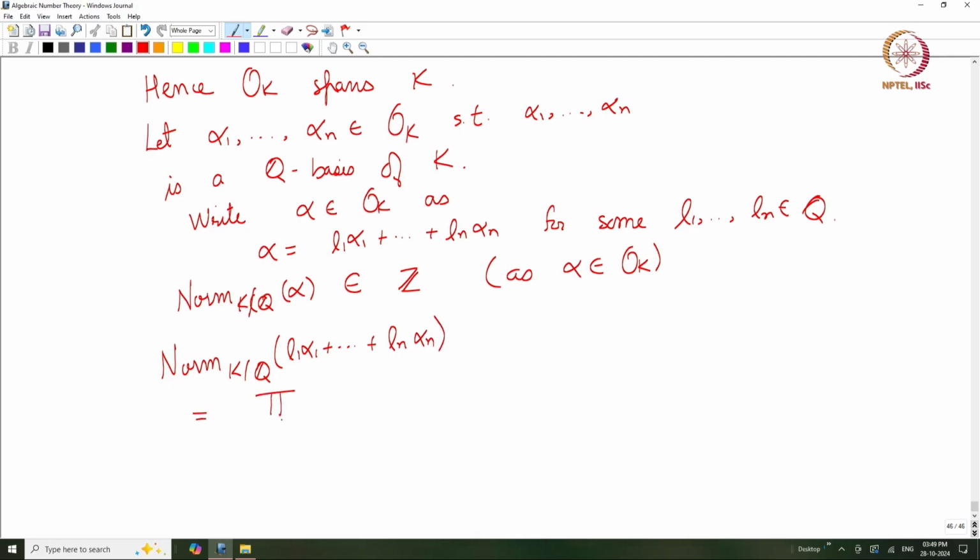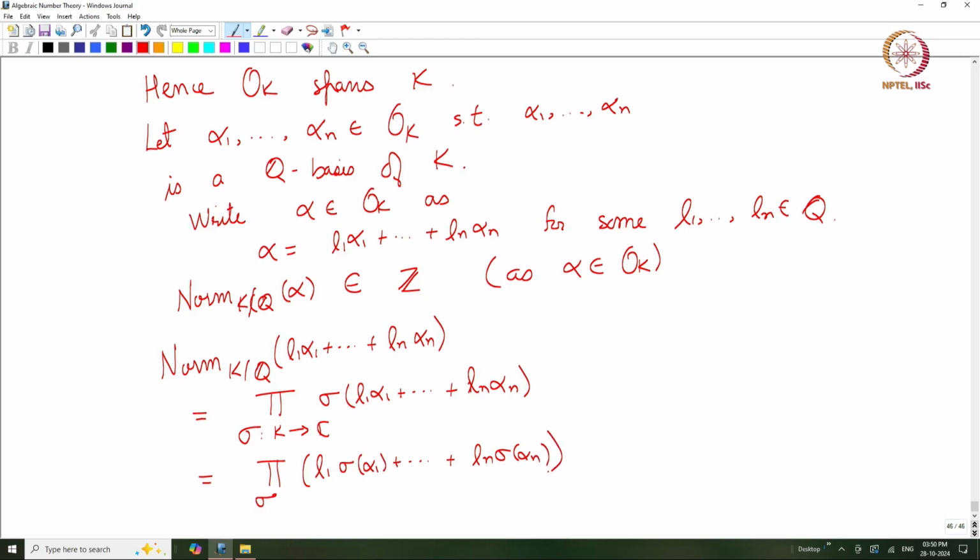How do we calculate the norm? Well, I take all the embeddings sigma from K to C and then I apply it to this element and take the product. Because my Li's are rational numbers, I can take the same product, but I can write it as L1 sigma alpha 1 and so on up to Ln sigma alpha n.